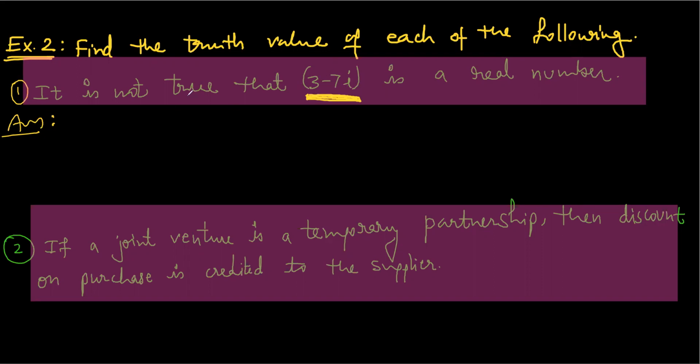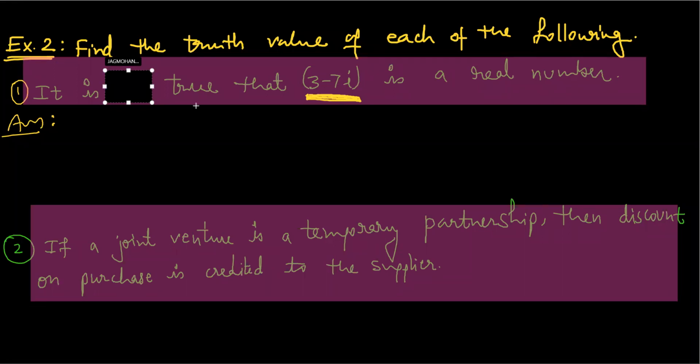In order to write the truth value of this, we can go as follows. Let me hide this not. Now read it. It becomes, it is true that 3 minus 7i is a real number. The moment I hide this not, things have become so easy. The statement says it is true that 3 minus 7i is a real number.